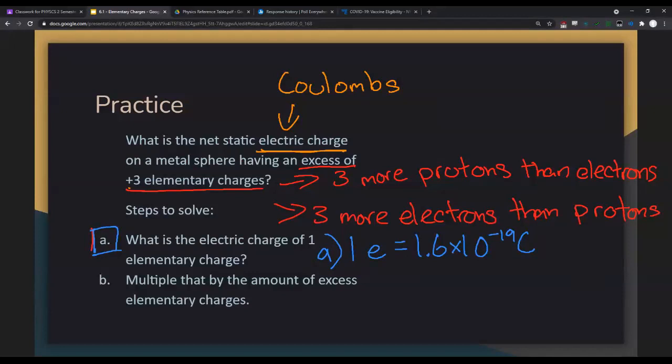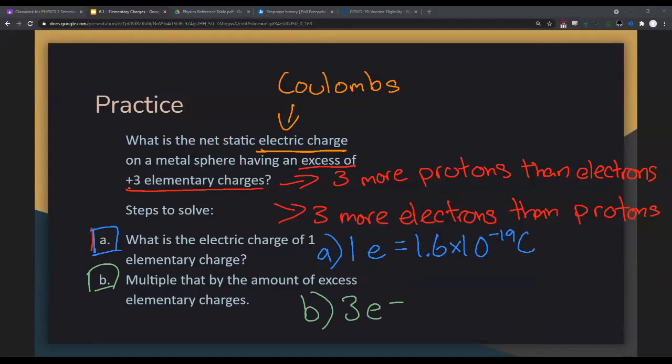Now, to solve this question, what do we need to do? Well, if 1 elementary charge has a charge of 1.6 times 10 to the negative 19 coulombs, what's the charge of 3 of them? 4.8 times 10 to the negative 19.